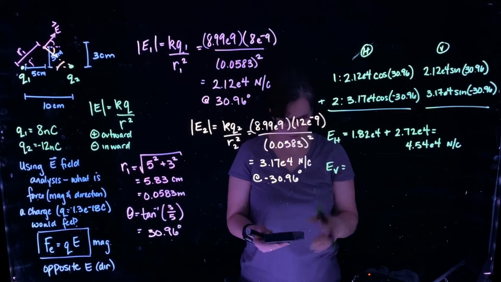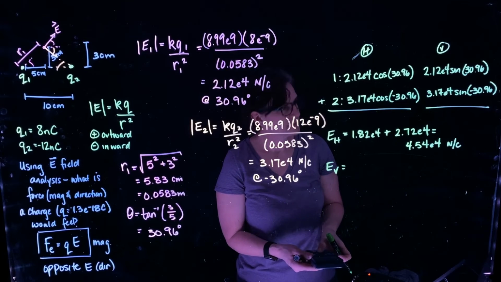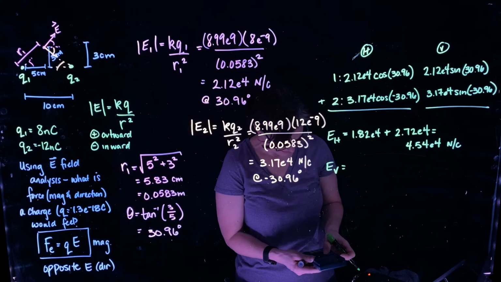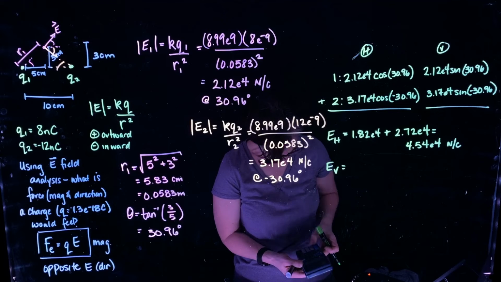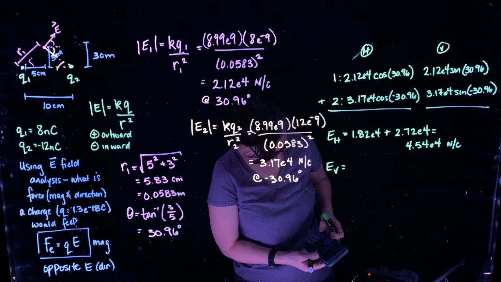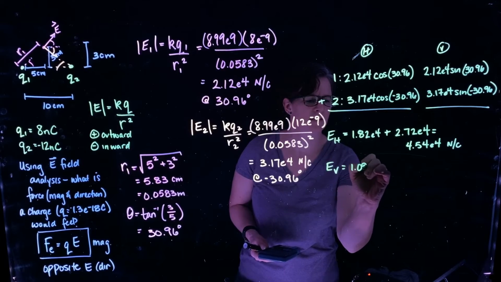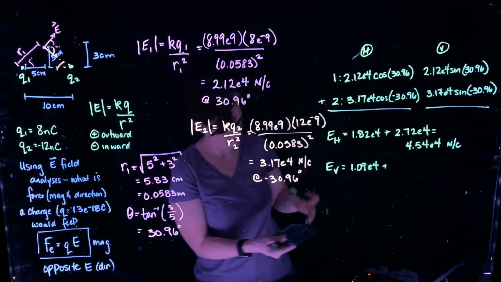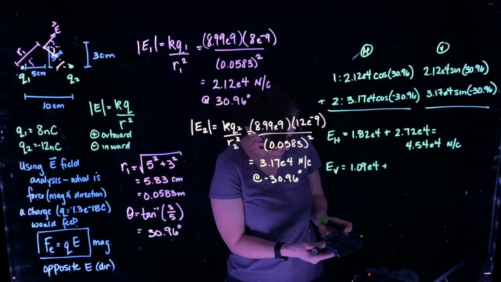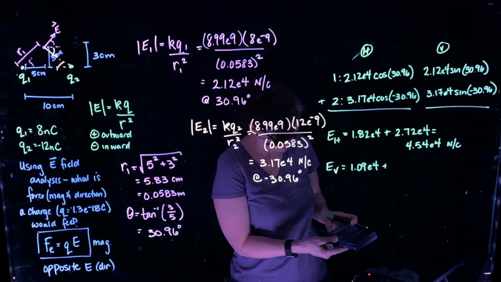So the vertical components, 2.12 times 10 to the fourth times the sine of 30.96. And we get 1.09 times 10 to the fourth. And I'll confirm that, yep. And then 3.17 times 10 to the fourth times the sine of negative 30.96.